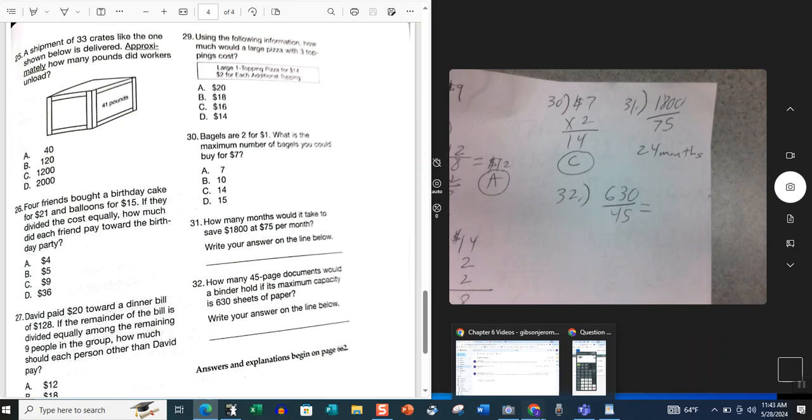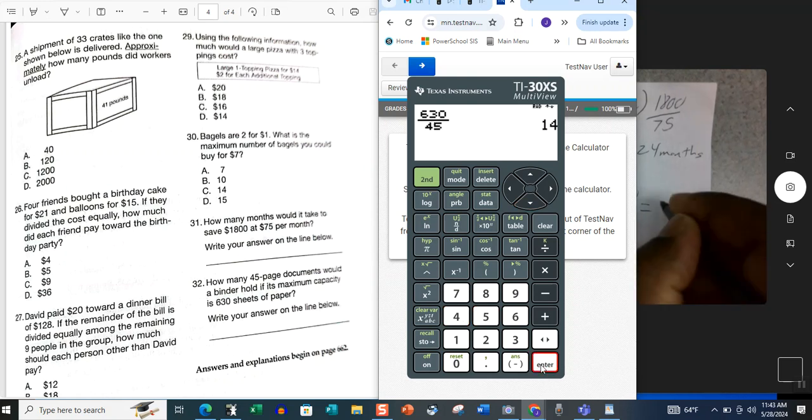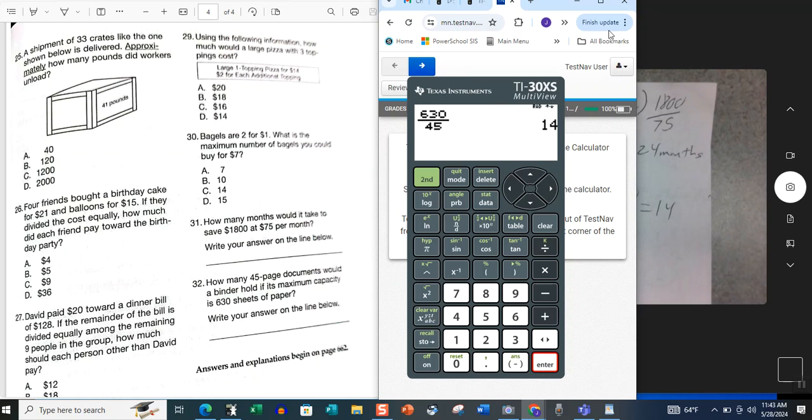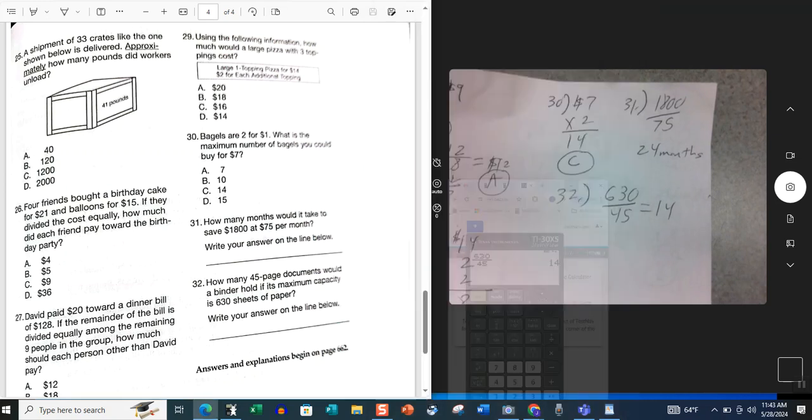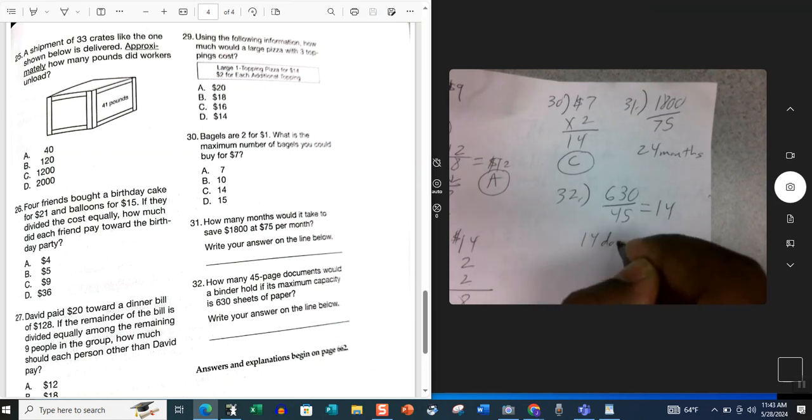We'll clear, we'll press N over D, 630, and then in the denominator, we'll type in 45, and we'll press enter, so that's 14. So our final answer here would be 14 documents.